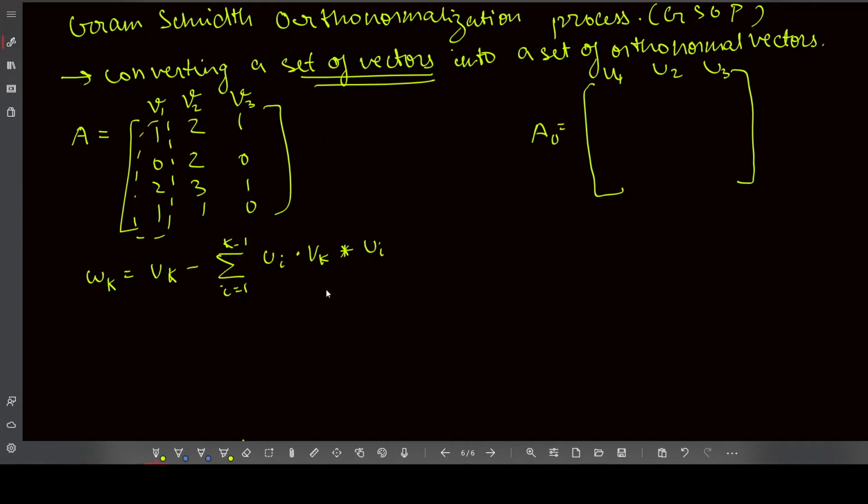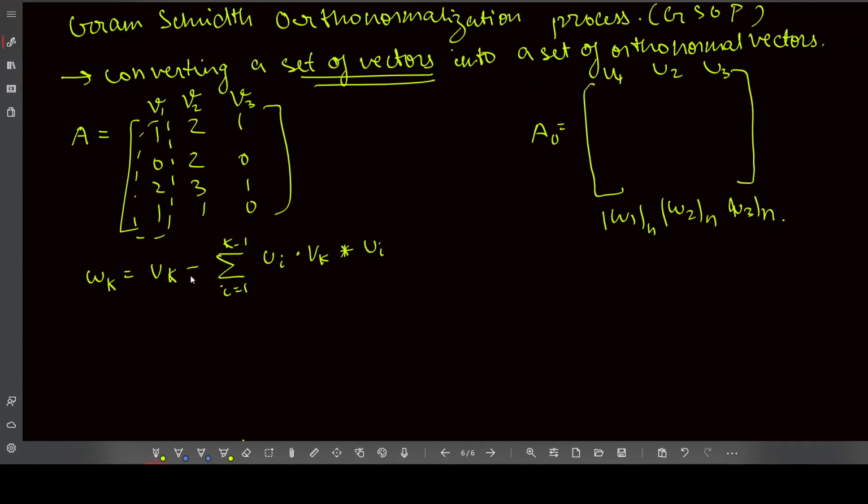Okay, and basically the u vector over here is w in normalized form. You'll understand what I mean when I do the example, but this u1 is basically w1 normalized. u2 is w2 normalized, and u3 is w3 normalized.